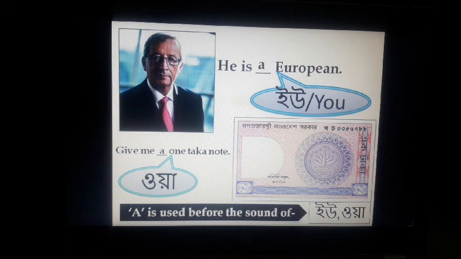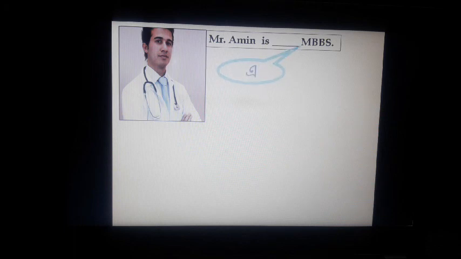Because of the pronunciation, E and U are pronounced as U and O is pronounced as wa. Then we have to use a. Now let's see some other exceptional rules. Mr. Amin is an MBBS.